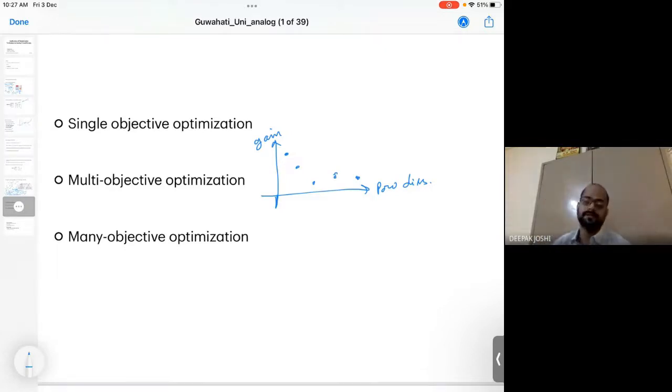We have received a set of solutions. When this set of solutions is plotted on the cost function plane, because on both axes cost functions are there, and we join them, we can see that this particular curve is called the Pareto function.